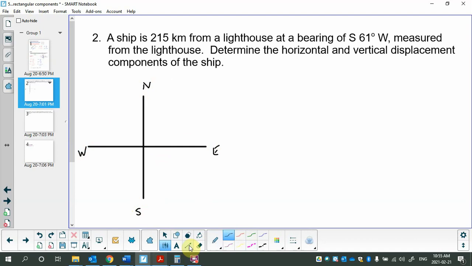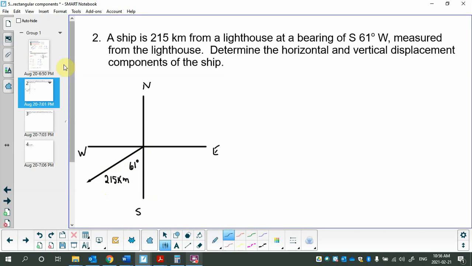But if I am asking you for a bearing of south 61 west, that means that you have to draw a line south, and then you have to veer off 61 degrees to the west. That's what that's asking you to do. So the 61 degrees is right in here.